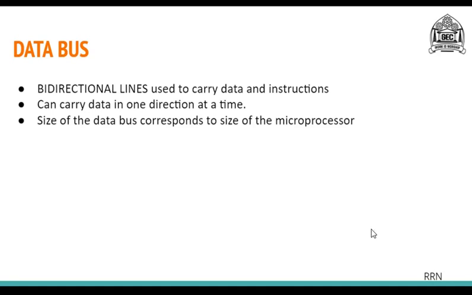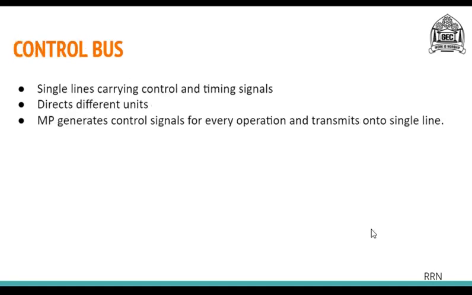Let's move on to the next bus and the third type of bus, which is the control bus. Your control bus in your microprocessor is the most important type of bus. Just like we have a brain in our system, a unit which controls each and every operation, similarly your control bus is the unit which tries to control the operation in your microprocessor.